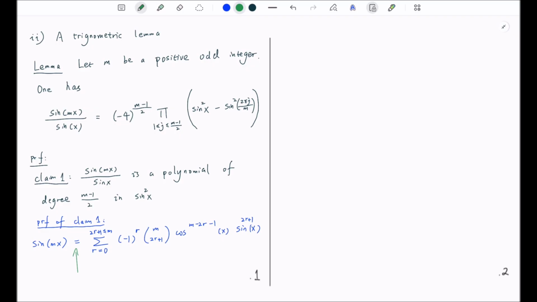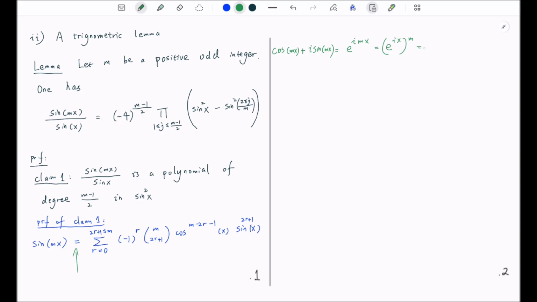To verify this, we use complex numbers. We consider e to the power i m x, which can also be written as e to the power i x raised to the power m. And now using Euler's identity, the left-hand side is cosine mx plus i sine mx.